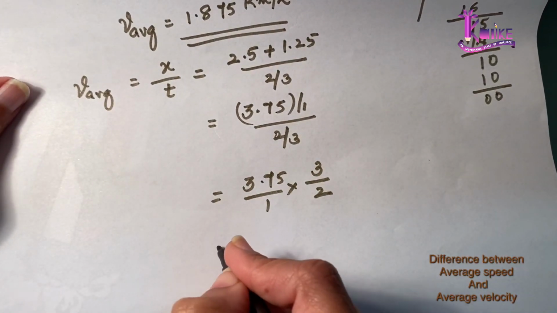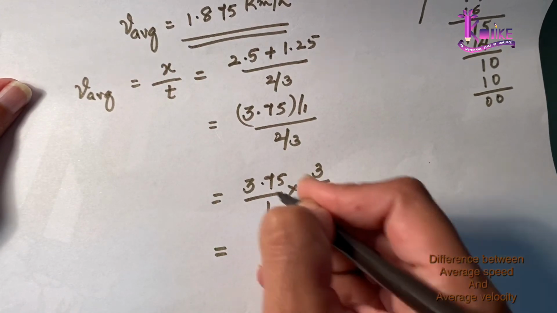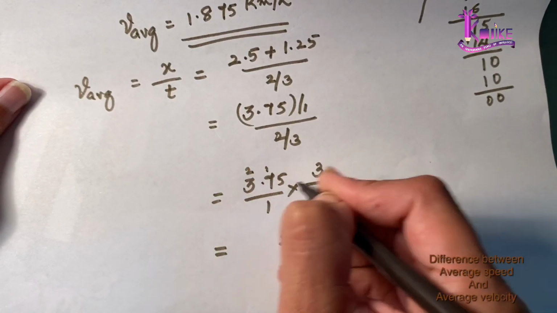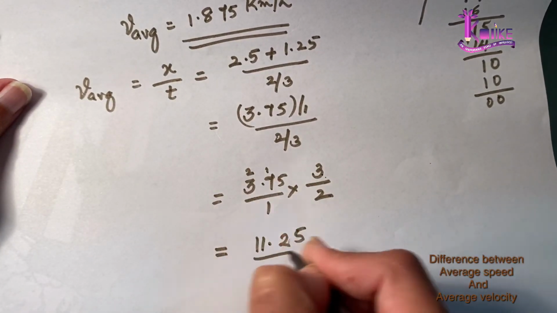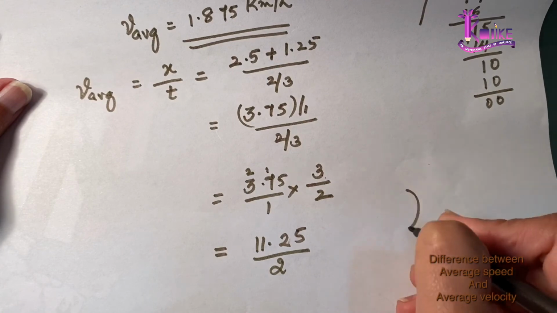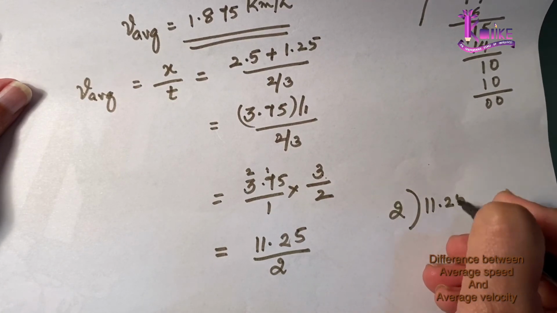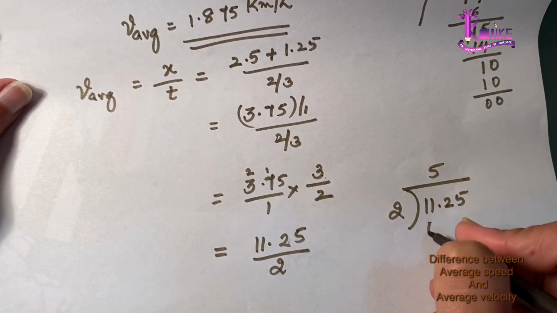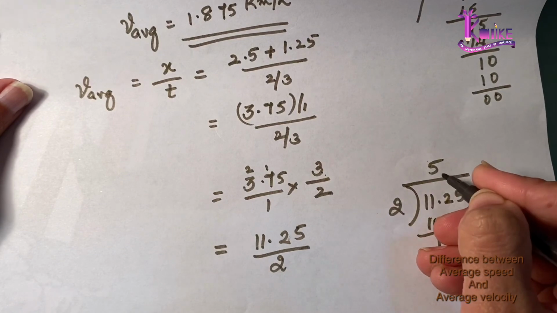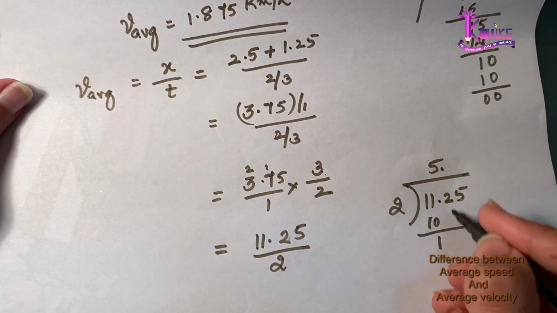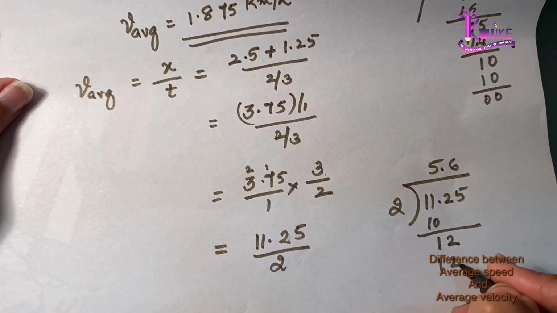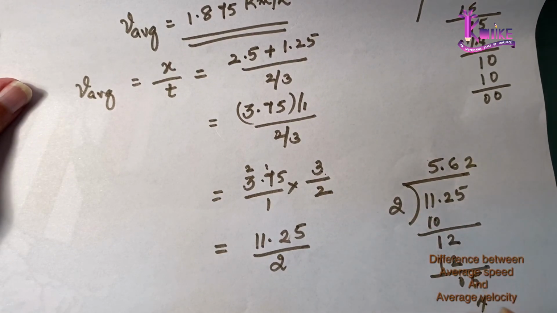Now if you multiply, this will be 3 5s are 15. 3 7s are 21 plus 1, it will be 22. Carry 2. 3 3s are 9 plus 2, it is 11. 11.25 divided by 2. Let's divide and see how much you get. So it is 2 5s are 10, and then you get 1. Keep the decimal point here, borrow 2. So it is 2 6s are 12, and then you borrow 5. 2 2s are 4, get 1.